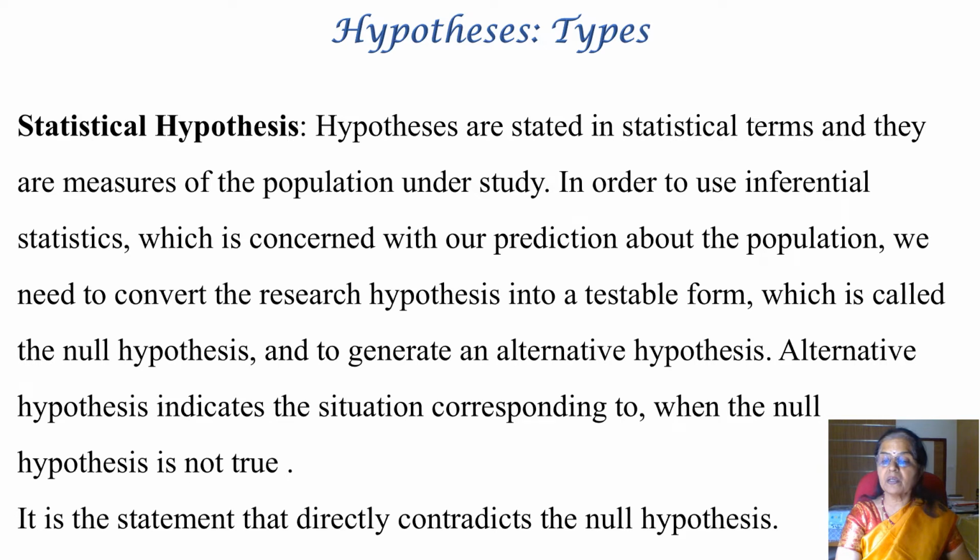What we said, directional research hypothesis. That is also one of the alternative hypotheses. So broadly, the hypotheses are grouped into research or substantive hypothesis, and the other group is statistical hypothesis.